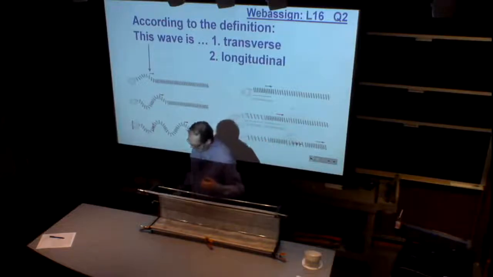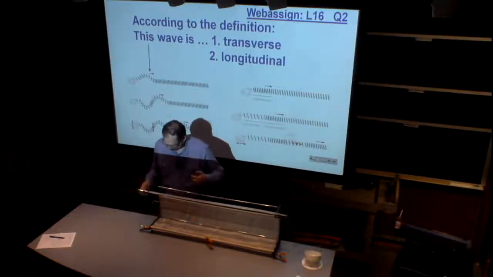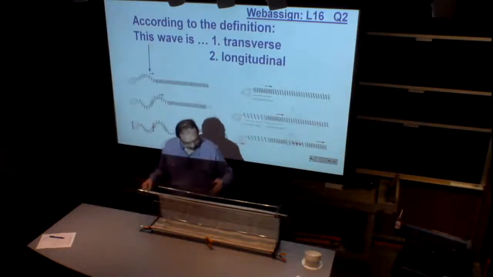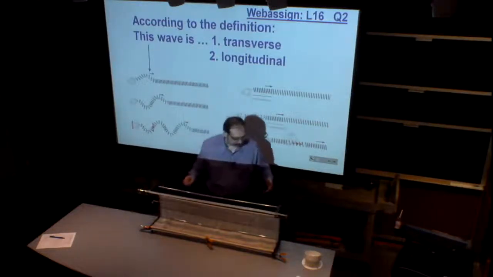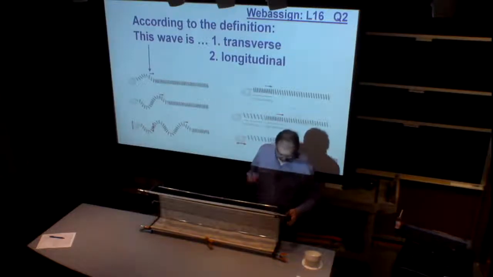And if I make this to be the source of the wave, there's a pulse traveling away. If I make many pulses, I generate a wave. And depending on the situation at this end, again, we can generate different types of waves.